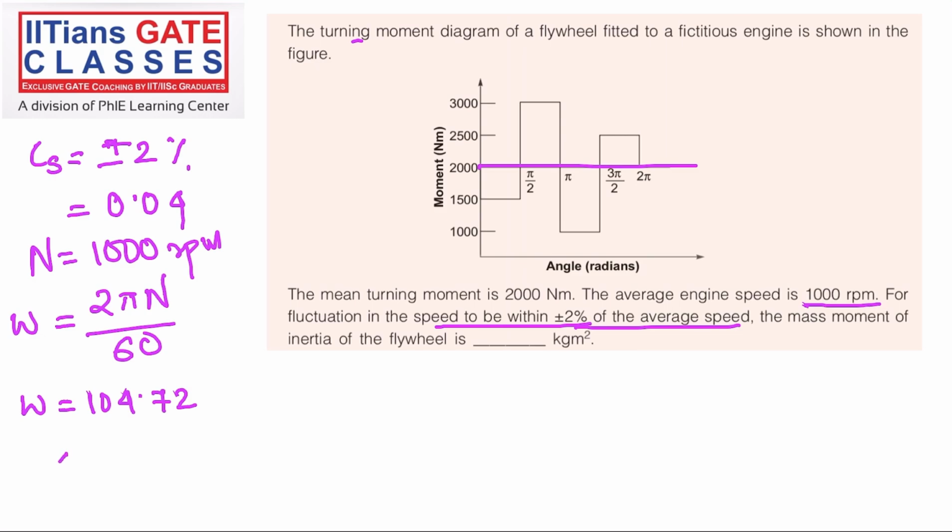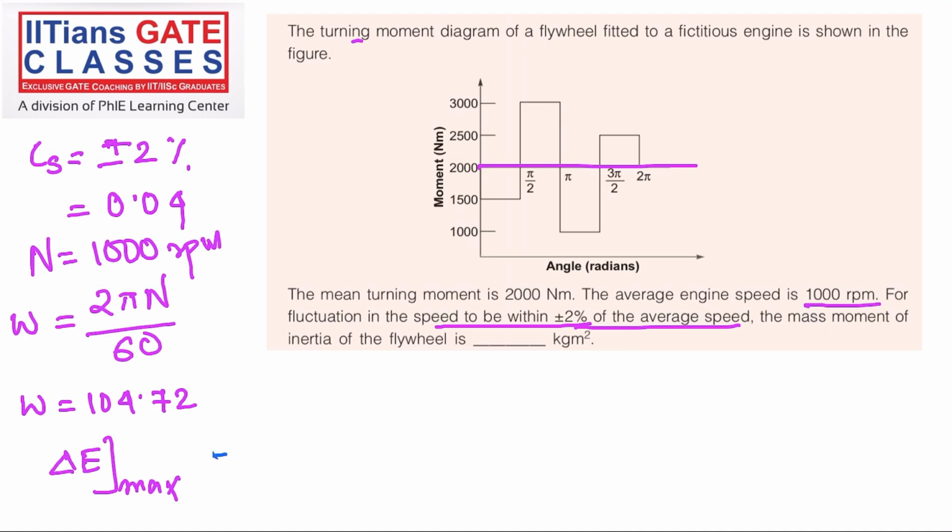Okay, so delta E, what is delta E? We can calculate the delta E max. What is the delta E max? If you see here, this is the maximum fluctuation of energy, and this is also the maximum fluctuation of energy. You can see both are equal. So what is the maximum fluctuation from the mean torque?